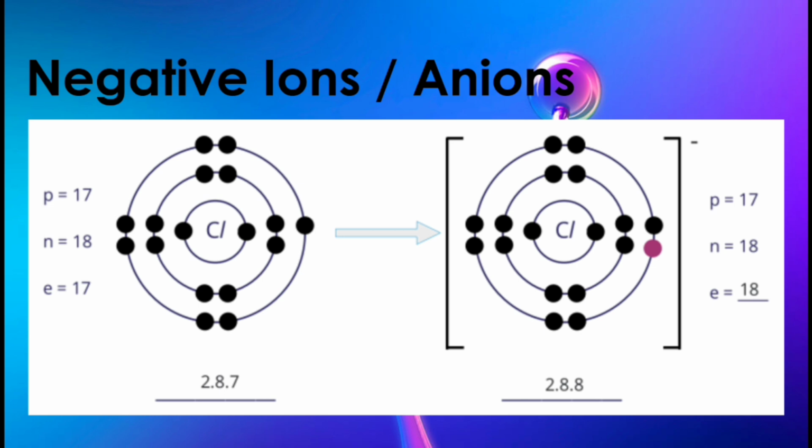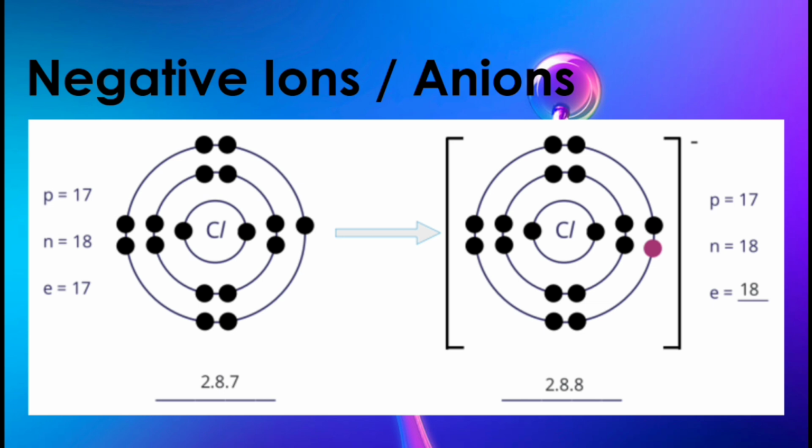Now the protons are 17 and the electrons are 18. So the electron number is greater than the proton number. Electrons exhibit negative charge, protons exhibit positive charge. The negative charge dominates, so the chlorine atom gets a negative charge and becomes an ion called the chloride ion, an anion, a negatively charged ion.